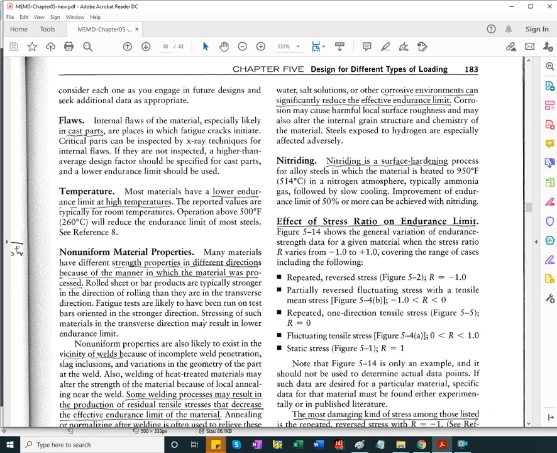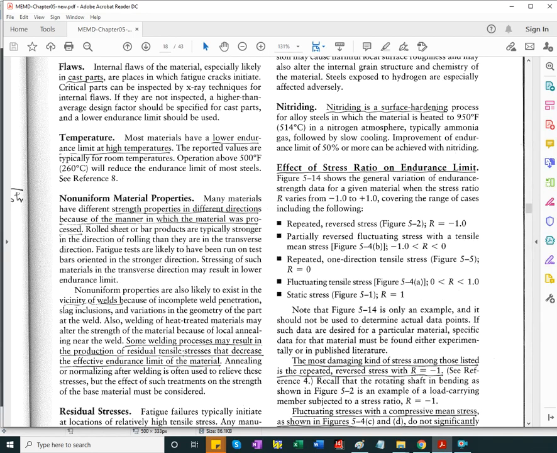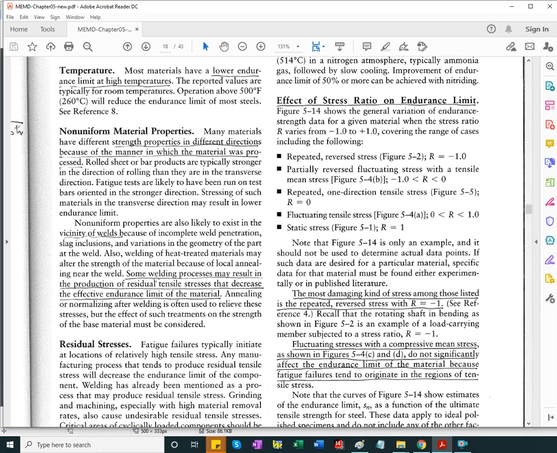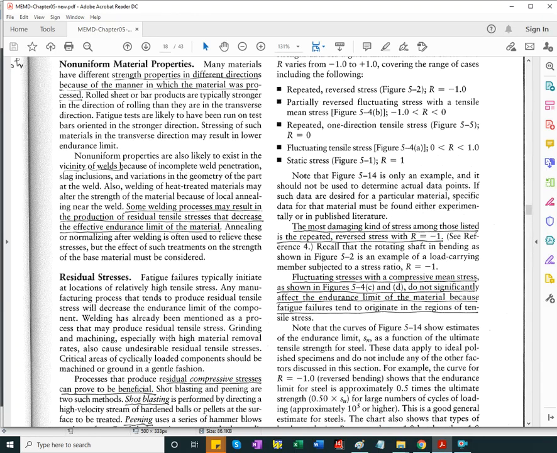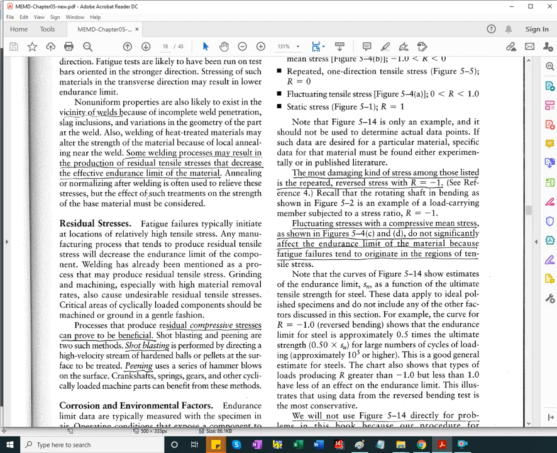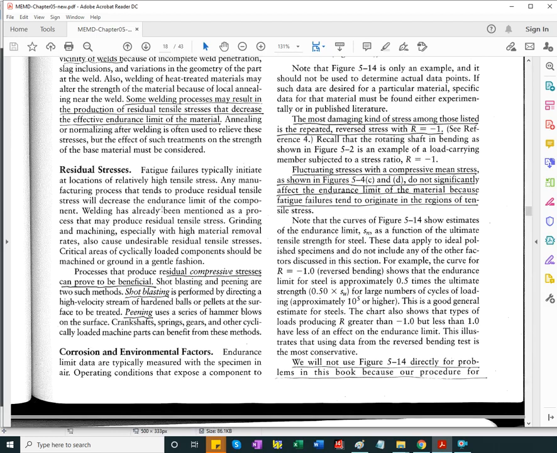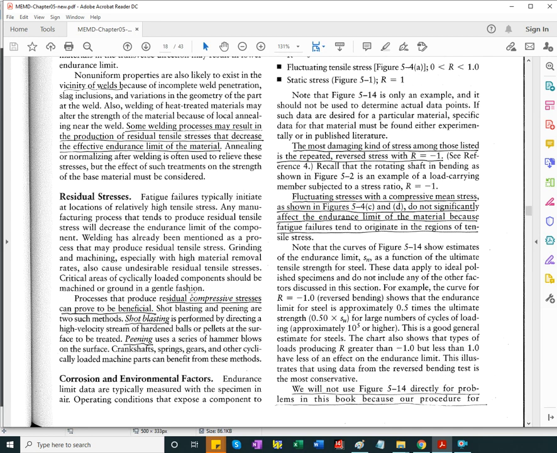And then if the material is non-homogeneous, if it has cold work, recrystallization following welding, and tool marks from turning or from milling, they can act as stress concentrators. If you have compressive residual stresses obtained by shot blasting or peening, those are favorable.